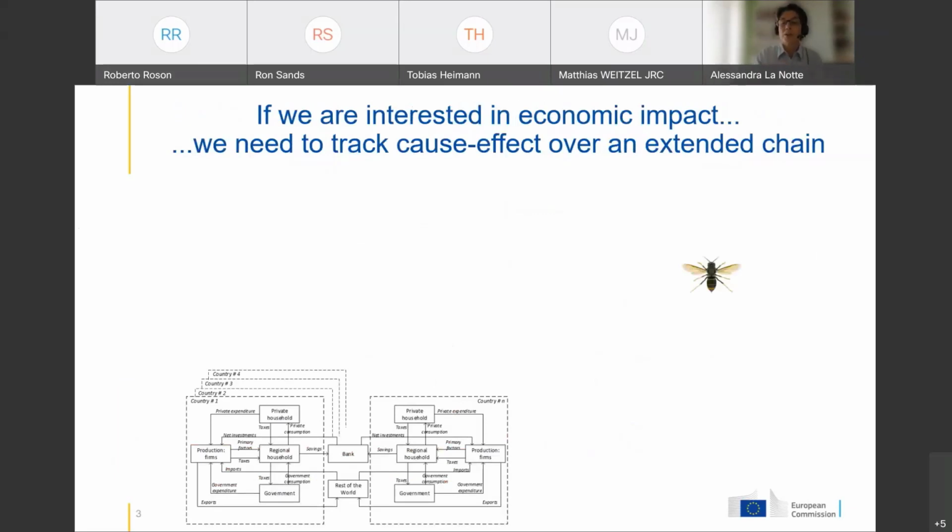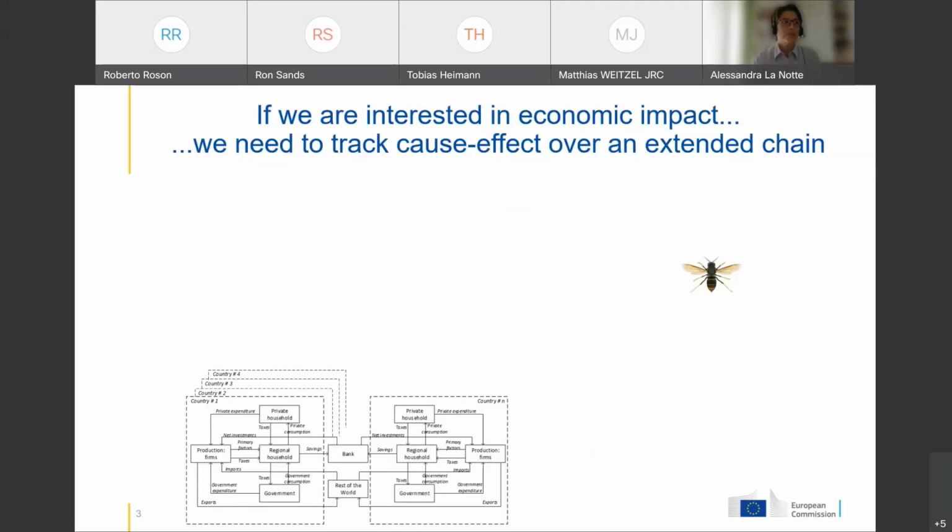cause-effect relationship. What you see on the right side is the example of an invasive alien species, the Asian hornet, Vespa velutina. On the left side, forgive me for putting it in such a simplified way, I try to represent the interaction between different sectors and institutions within a country, and between one country and other countries in the modeling framework of GTAP.